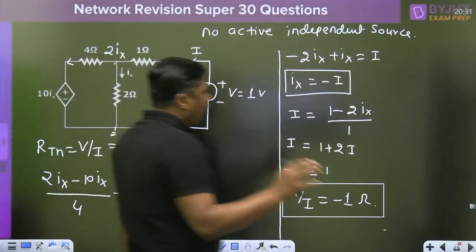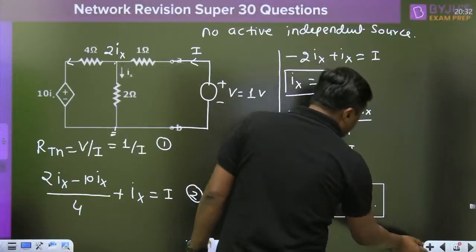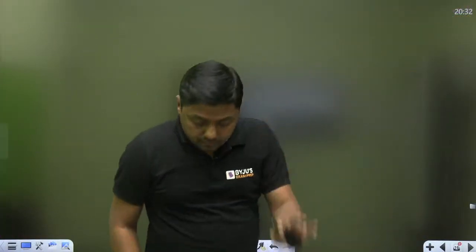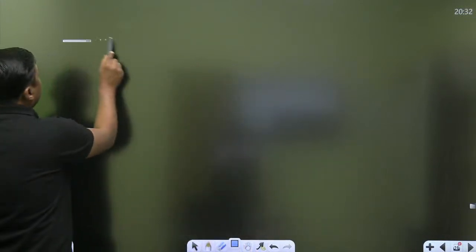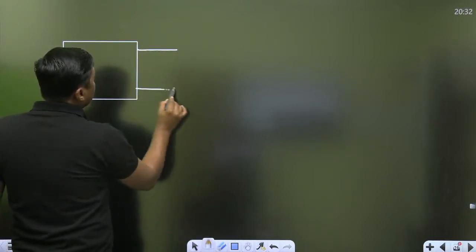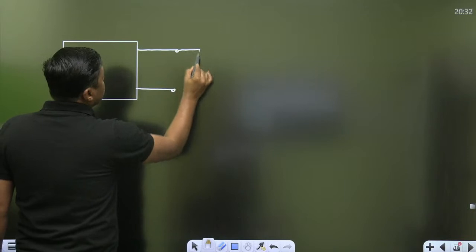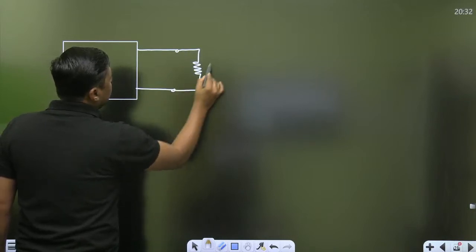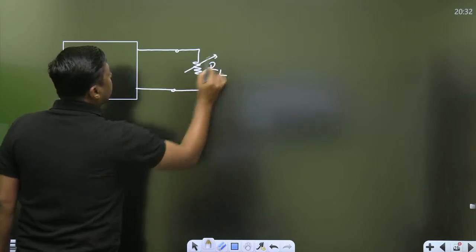Second thing, always remember, if we are getting a negative resistance, for example, for any network, any two-port network, let this be RL. This is a very important, basic concept.